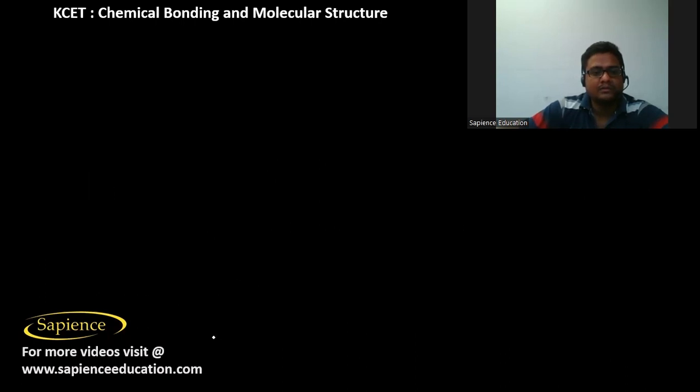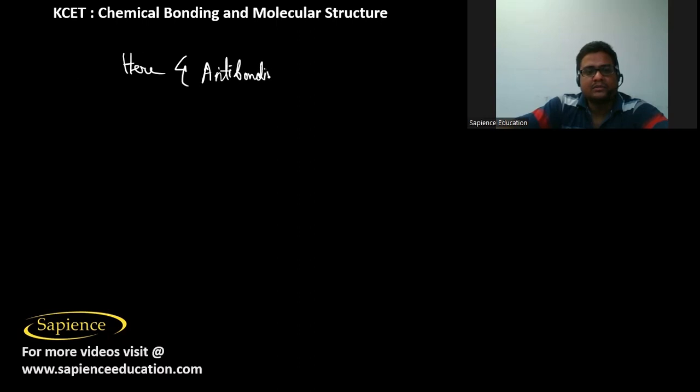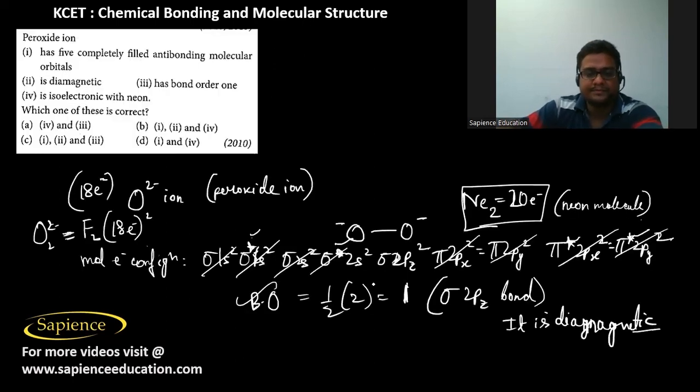So here 4 antibonding molecular orbitals are fully filled, which are sigma star 1s, sigma star 2s, and pi star 2px and pi star 2py.